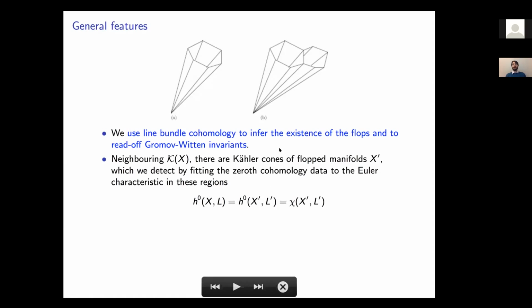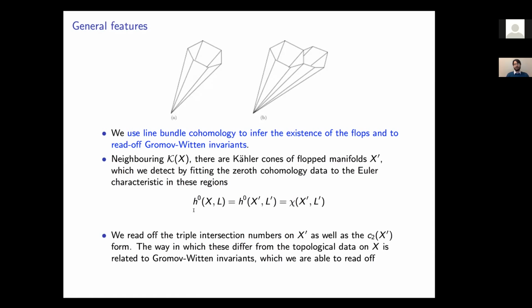Okay, and now because you're in the Kähler cone of X prime, Kodaira vanishing theorem tells you that on that space, you can equate H0 with the Euler characteristic. So in this way, you obtain a formula for the H0 of the original bundle that you're interested in. Okay.